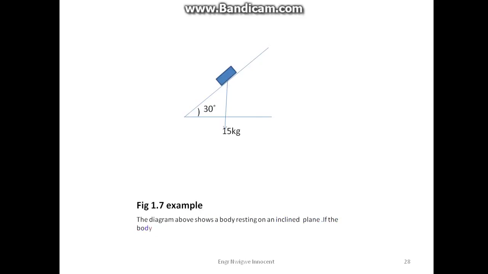Figure 1.7 example. The diagram above shows a body resting on an inclined plane. If the body slides down the plane, what will be its acceleration? Take the force of gravity g equal to 10 meters per second squared. Solution.